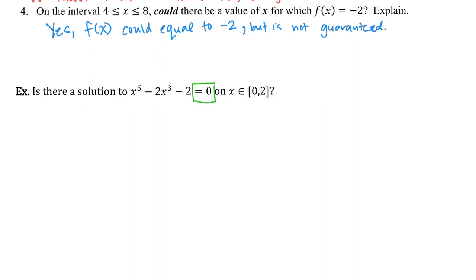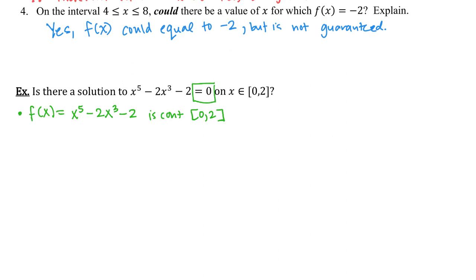In order to use the intermediate value theorem, I first need to know that f is continuous. Is this continuous? Sure, it's a polynomial function. So if I consider the function x to the 5th minus 2x to the 3rd minus 2, it is continuous on 0 to 2, because it's a polynomial, so there are no discontinuities.